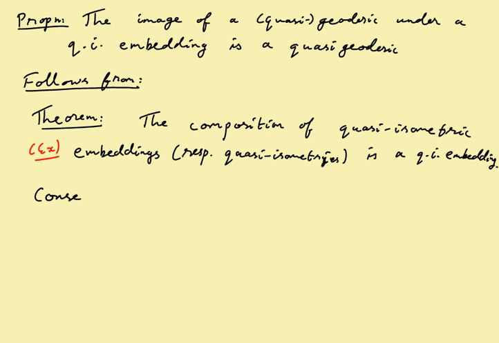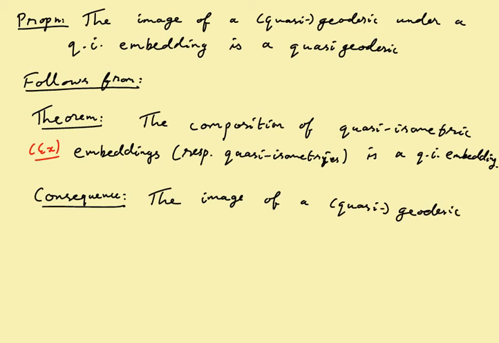So, a consequence. Well, what did we start this segment with? We started with a geodesic triangle. So the image of a geodesic triangle under a quasi-isometry is a quasi-geodesic triangle.